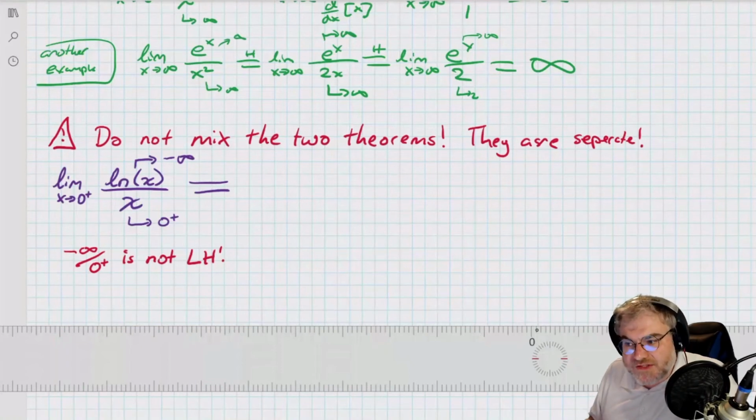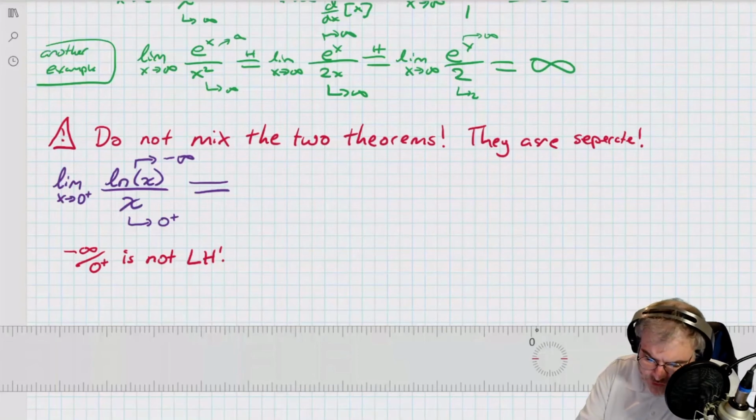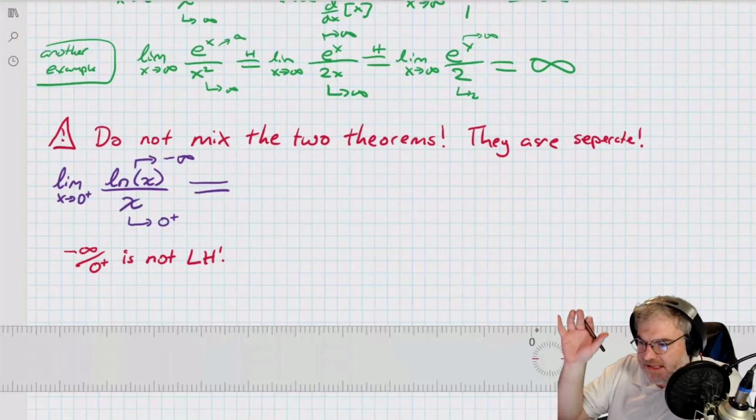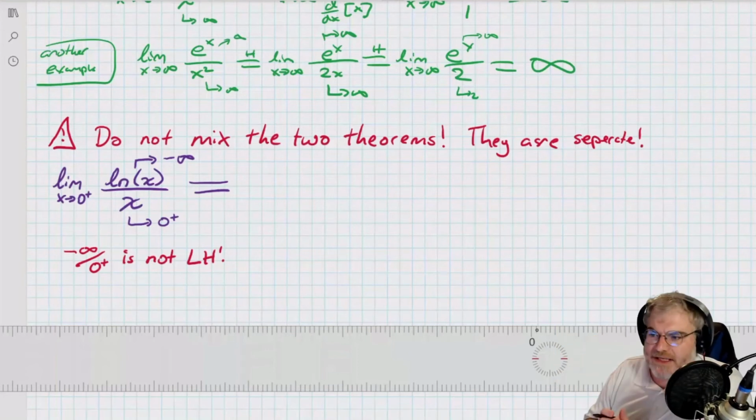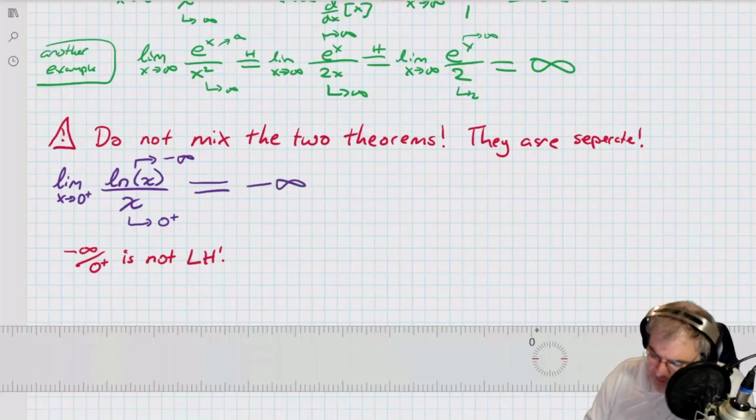Negative infinity over 0 plus, that's negative infinity. Right? I'm shooting off to negative infinity. There's no ambiguity here. The thing on the top is hugely negative. The thing on the bottom is going to little bit of numbers. That's negative infinity. All right, negative infinity over 0 plus equals negative infinity.